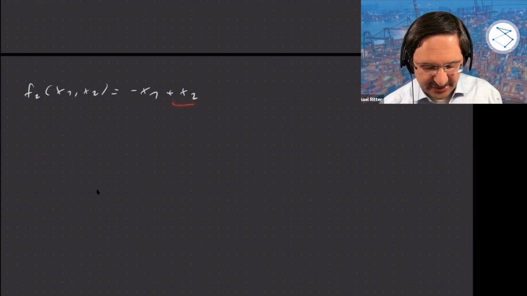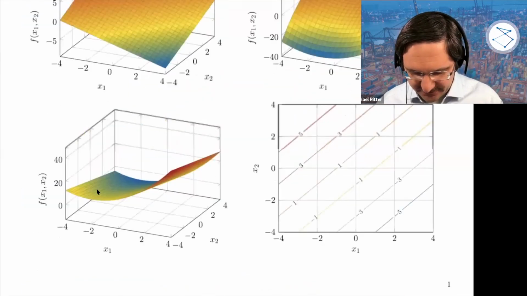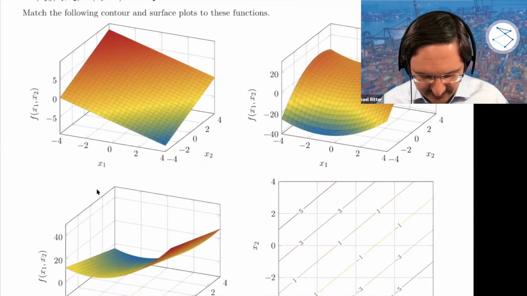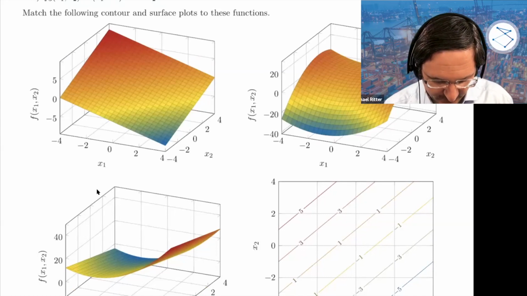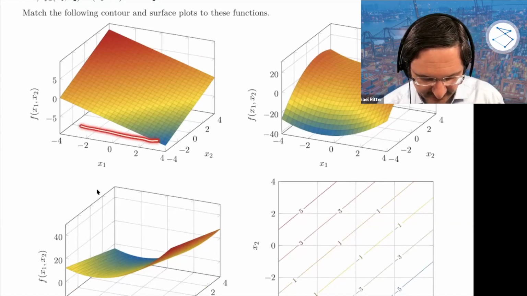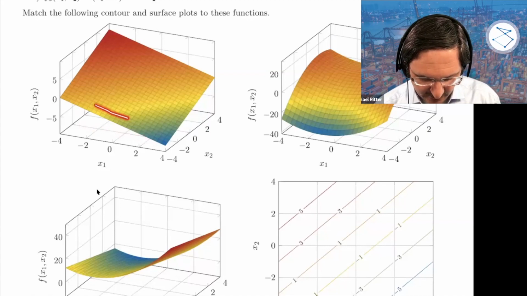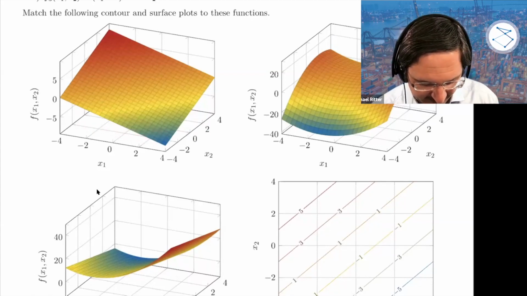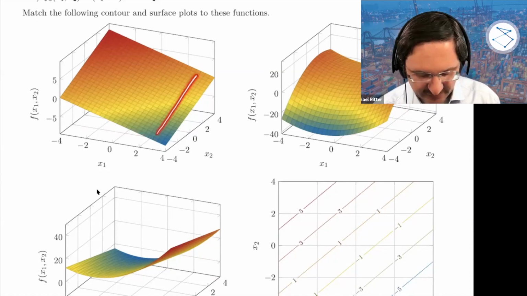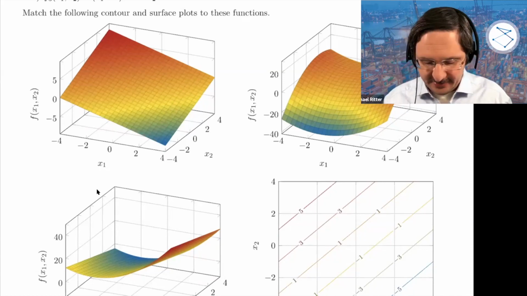So that means the function will grow linearly in x2 and will decrease linearly in x1. So if we look at our choices for the surface plots here, the first one seems to be a good fit, right? If x1 increases for a fixed x2, then the function value along that surface will decrease. If x2 increases for a fixed x1 value like this here, the function value will increase linearly, right?